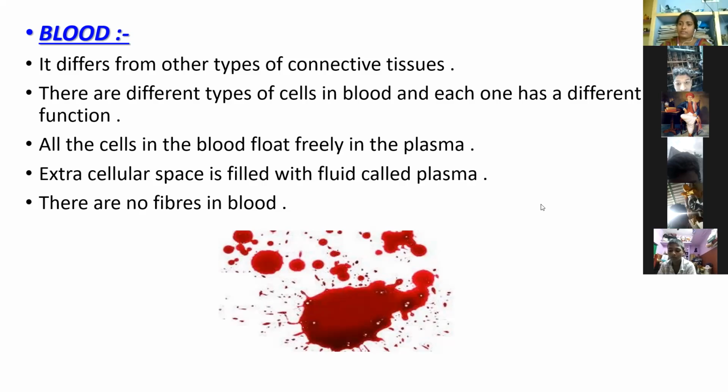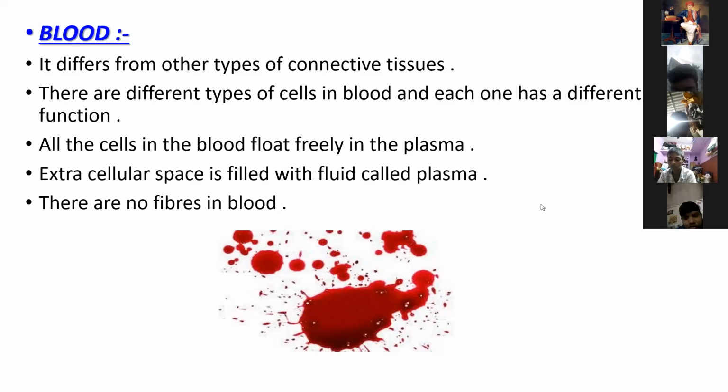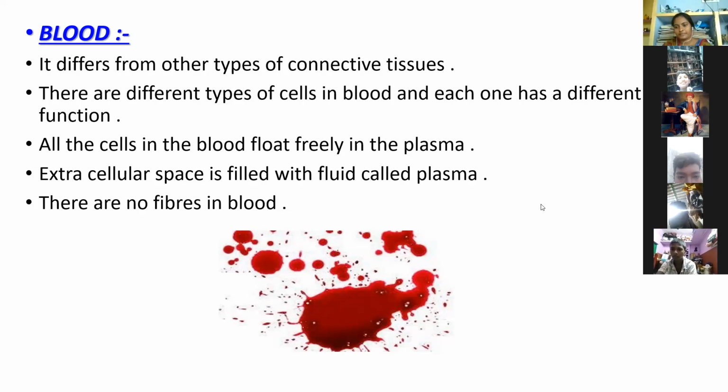There are 3 types of blood cells. Number 1 is red blood cells, then white blood cells, and blood platelets. And blood also contains plasma.